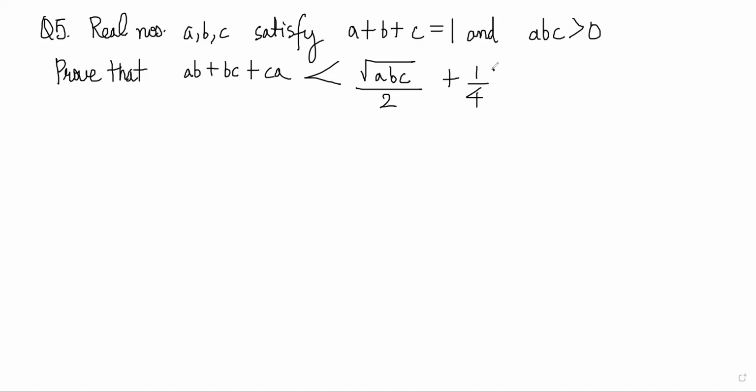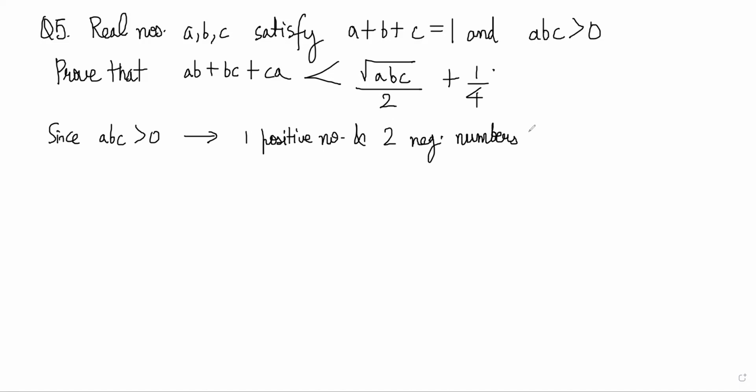The conditions of the problem are saying that real numbers a, b, c are such that a + b + c is equal to 1 and also abc is positive, right? So let's think about it. Since abc is greater than 0, we can have one positive number and two negative numbers out of a, b, and c, right?